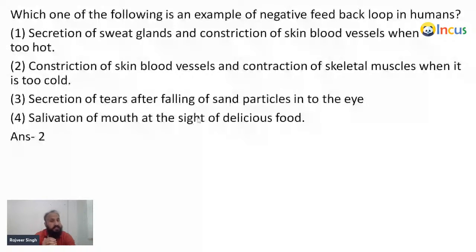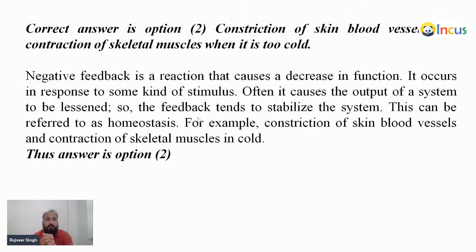Third, secretion of tears after a sand particle falls into the eye. Fourth, salivation of the mouth at the sight of delicious food. Among them, our answer is the second, because of constriction of the skin blood vessels and contraction of the skeletal muscles when it is too cold. So the answer will be second.